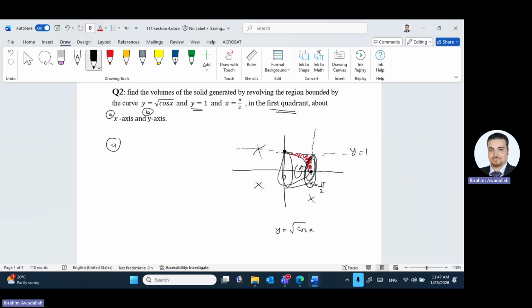This will be empty here, by the way. Okay, this will be upper, this will be lower for x-axis. So now we have volume, washer method again. V equal pi times the integration from this point to that point, which means from 0 to pi over 2.